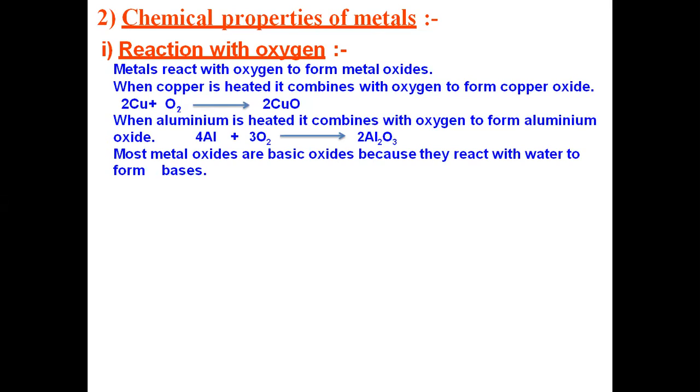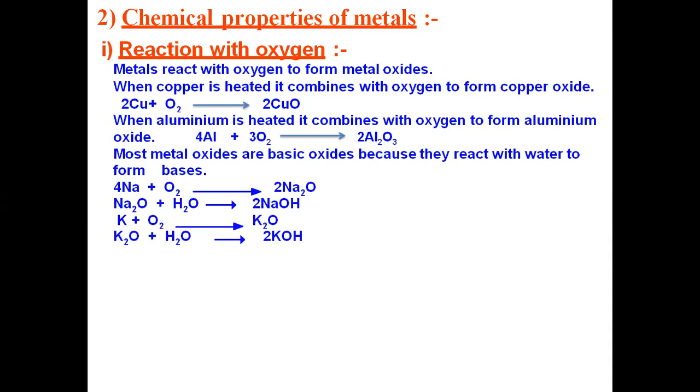Okay, so you can consider any example. For example, sodium combines with oxygen, or potassium combines with oxygen. When sodium combines with oxygen, we get sodium oxide, and sodium oxide further combines with water to form sodium hydroxide. So the oxide of sodium combining with water gives a base.